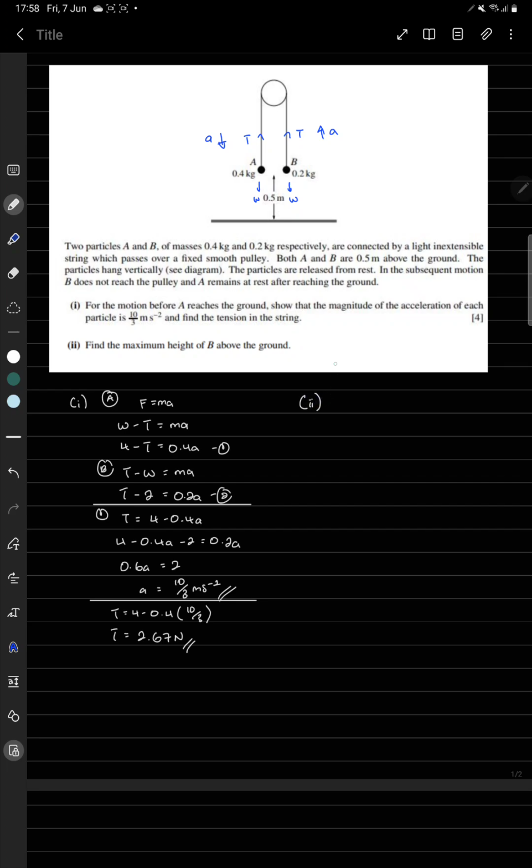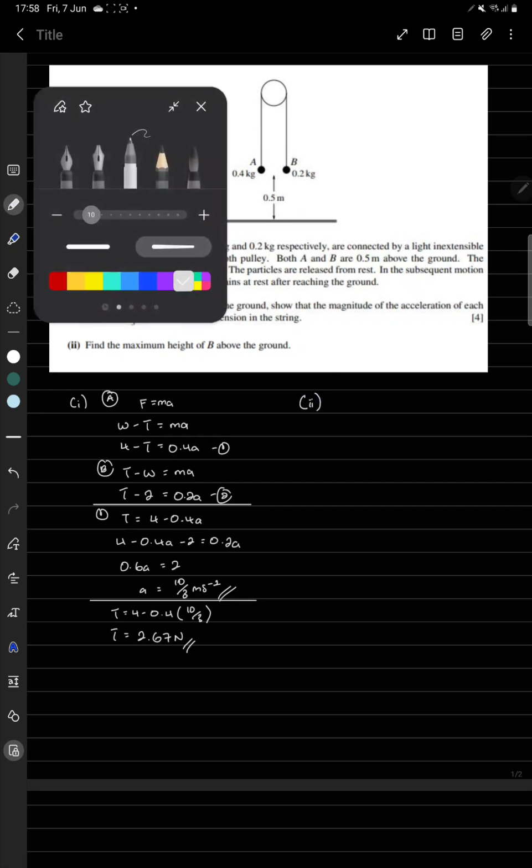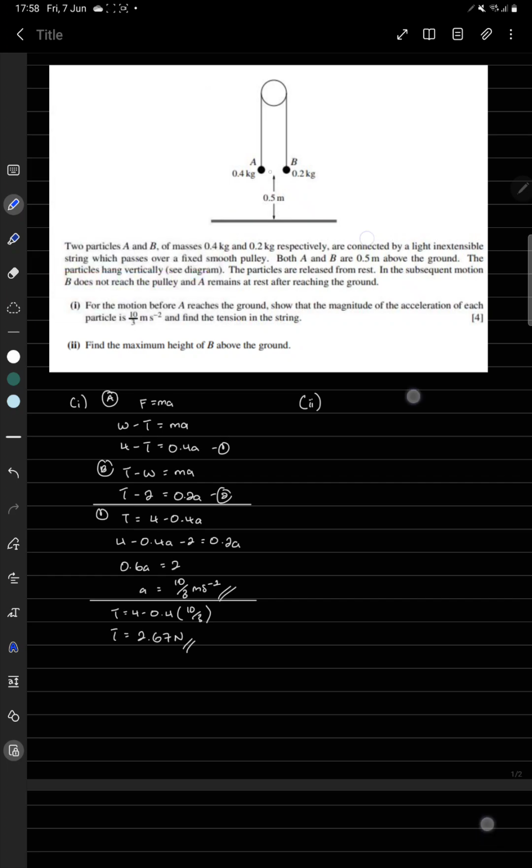For part 2, we want to find the maximum height of B above ground. So let's remove all of this. When A travels all the way down and is at the ground, B has traveled 0.5 meters up, right?